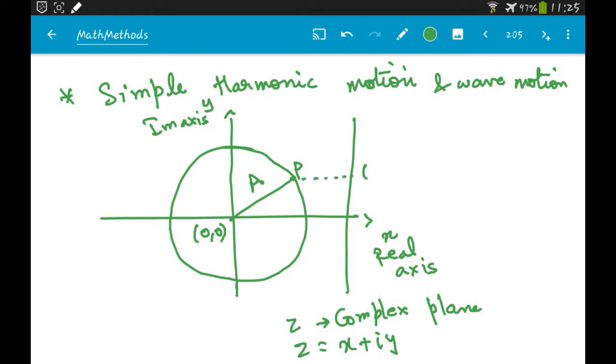This point, let's call it Q. What is the maximum value that Q can take? The maximum value that Q can take would be when P reaches here. So this will be your Q max, and similarly this point here will be your Q min.